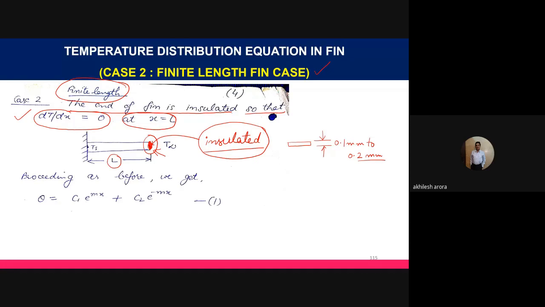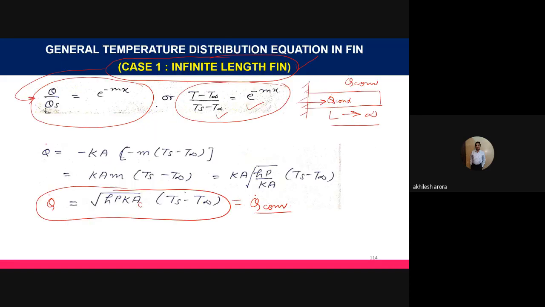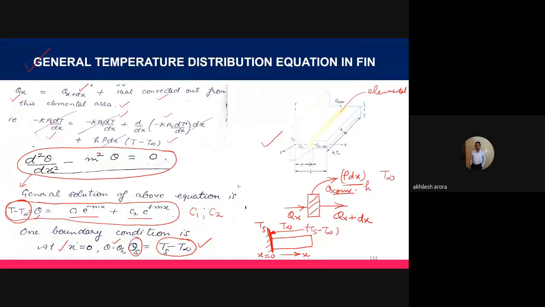So once again, if a question comes in the examination that says derive an expression for temperature distribution and heat transfer in case of a fin, and consider the fin to be of finite length, then we will have to start from the basics only. The equation which I just explained to you, this equation we have to derive. We have to start from here and reach this particular point, and then say that this is the solution, and then apply the boundary conditions, because these are three different cases.